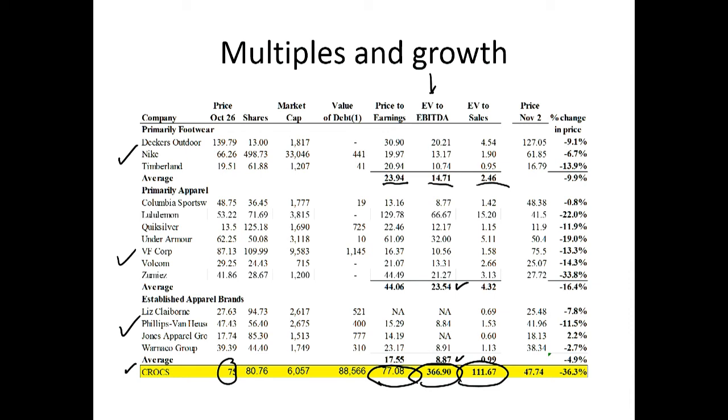We have to make a decision. That's going to be a key determinant of our valuation of Crocs, because what I'm really asking is what are the appropriate growth rates for Crocs. Let's look at that and think about it.